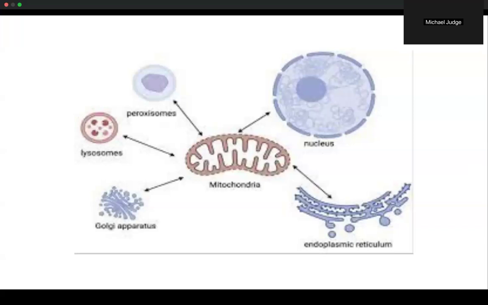So liver cells tend to have a lot of smooth ER because they do a lot of breaking down of any kind of toxin that enters the body, whether it be a medication, alcohol, or any other toxin that enters the body through your gut.